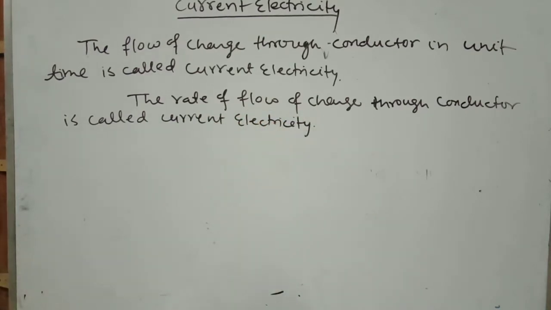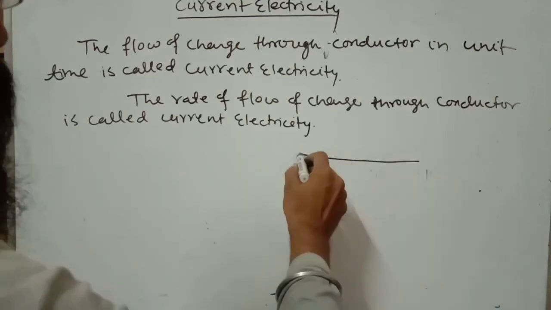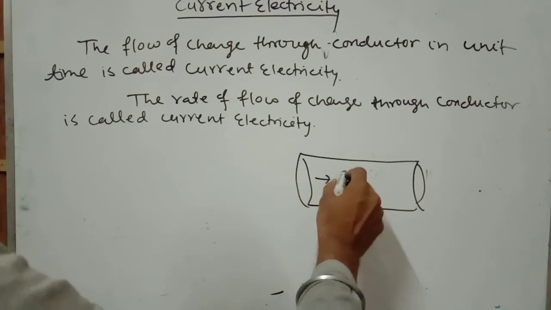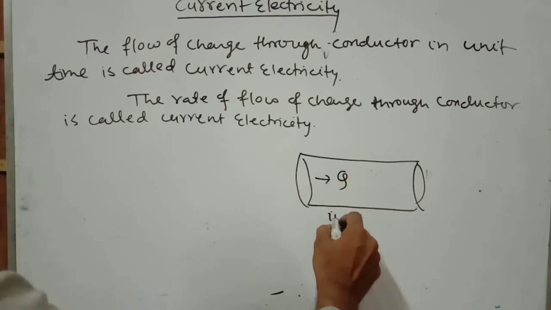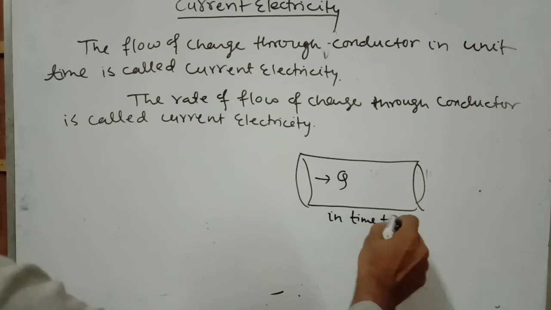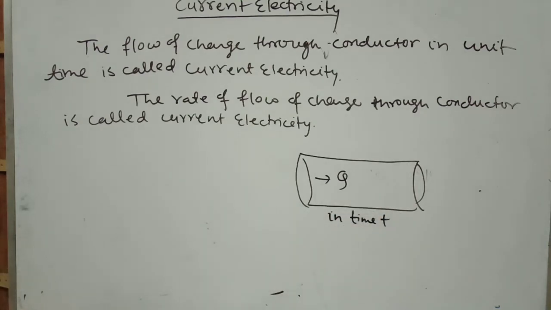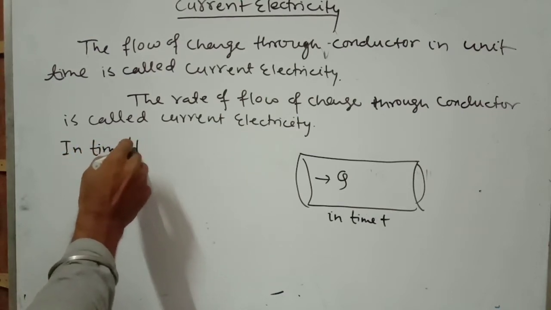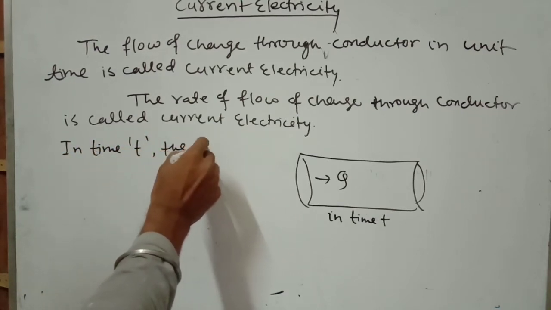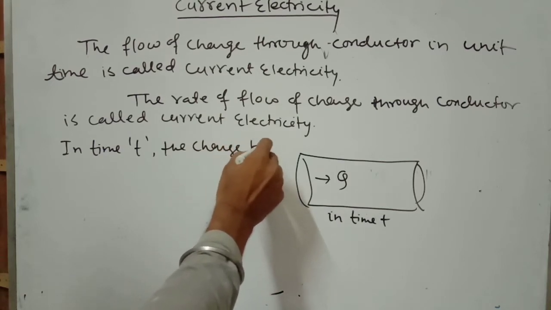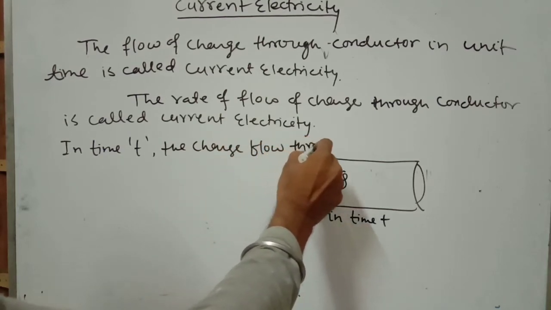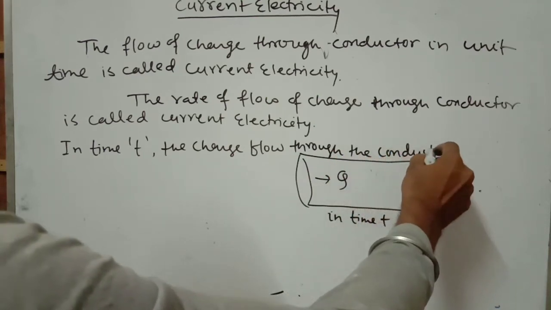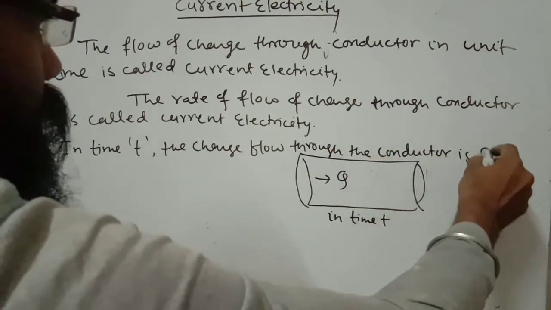Let me consider a conductor. Let q charge flow through the conductor in time t. So in time t the charge flowing through the conductor is q.